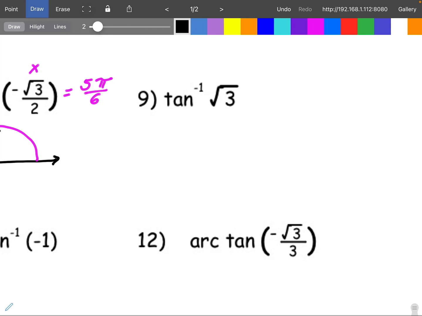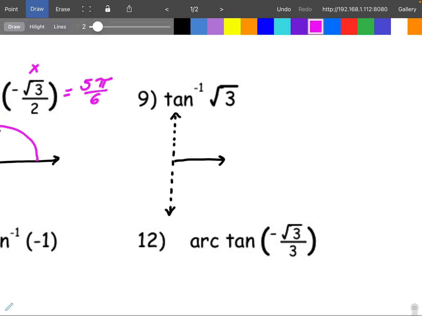Now, we are still restricted as to what quadrants we can use. So inverse tangent can use the first and fourth quadrant, but it cannot actually occur on that line. So it can occur on the positive x-axis, but it cannot occur on the y-axis anywhere.